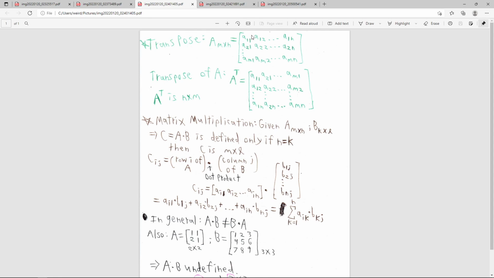Then the column A11, A21, eventually Am1 becomes a row. That's how it works. The columns become rows and the rows become columns is one way to remember it for a transpose.